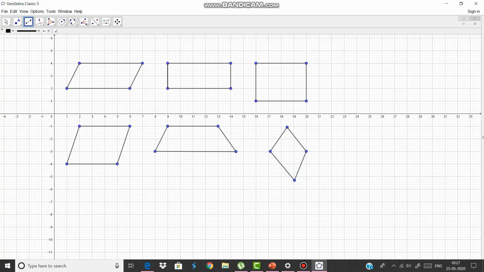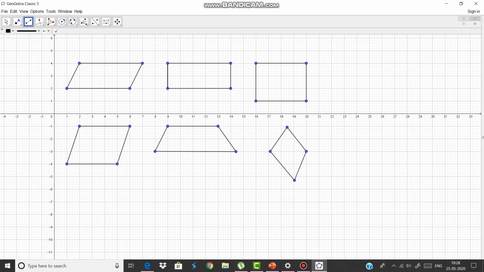Through GeoGebra, the relation among the different types of special quadrilaterals can be explained very easily. It's a parallelogram, it's a rectangle. So in the parallelogram, two pairs of opposite sides are equal and parallel.